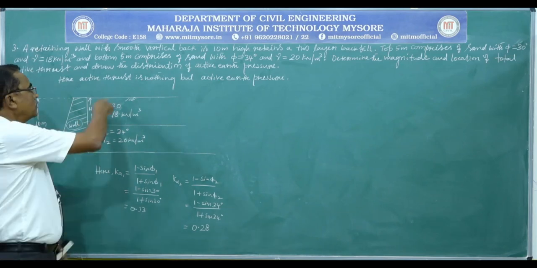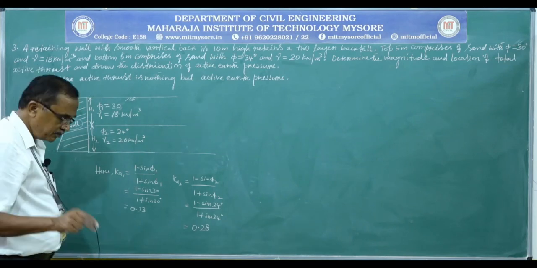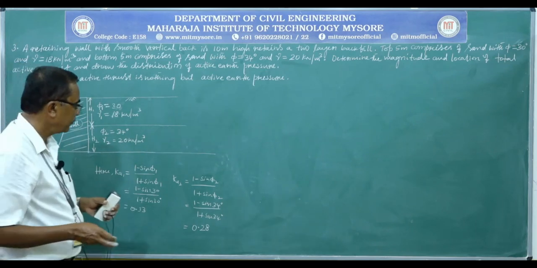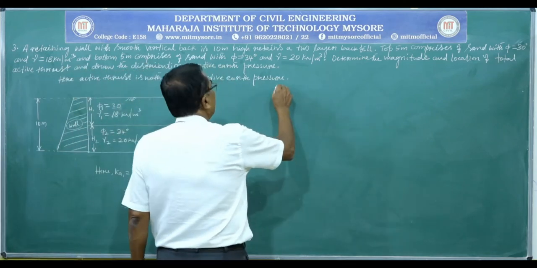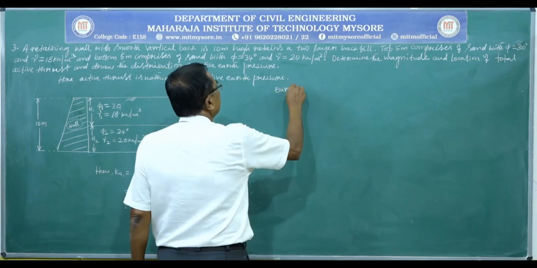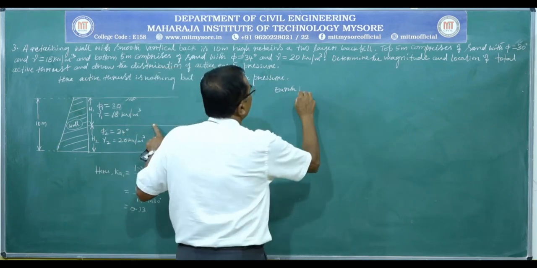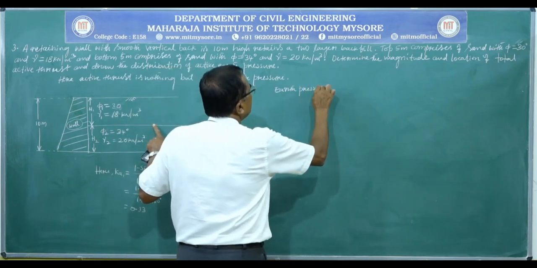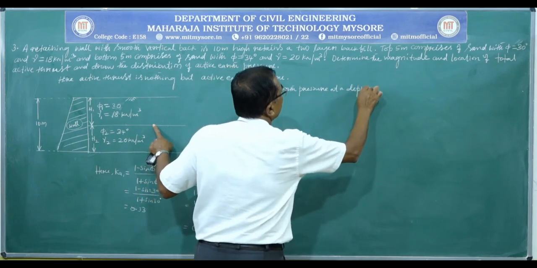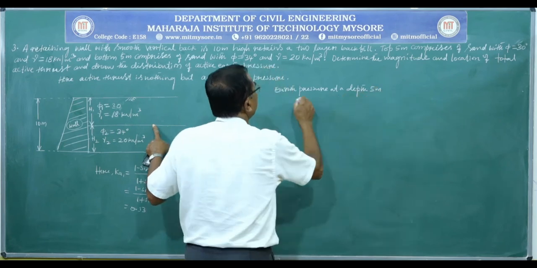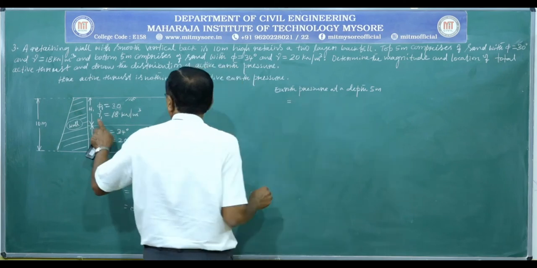Now, as there is no extra soil above the surface, it is purely horizontal backfill and earth pressure at the top is 0. Now, let us calculate earth pressure at a depth of 5 meter from the surface.